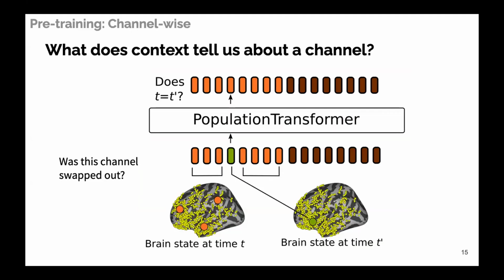And so what the model needs to do then is to be able to identify at each one of these output tokens, whether or not the token has been replaced with this time t prime token. So basically, was this channel swapped out? And you can kind of think of this as being quite helpful for the model to be able to refine representations, because it would need to be able to understand what makes sense for the brain to be at a current moment, right? And if something is kind of off, then it should be able to identify that.